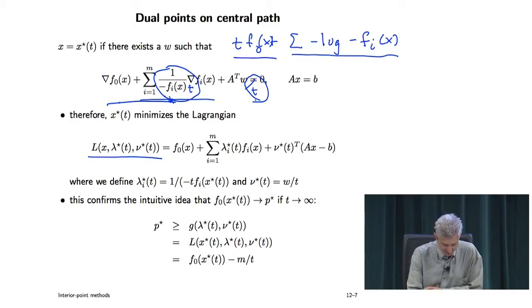So this says something amazing. This says that if you compute a central point, whether you like it or not, what pops out are dual variables. Now remember that in a lot of cases, it's not easy to find dual variables. If you take an LP, which works here, you can't just pick some positive vector and some other vector. There are equality constraints that have to hold, like A transpose lambda plus c equals 0.